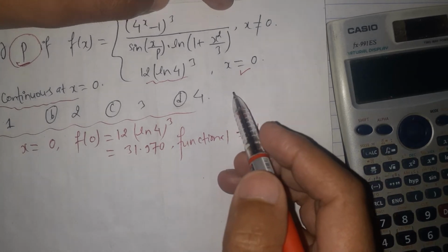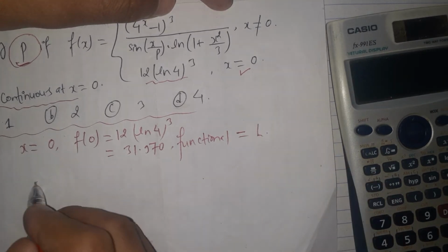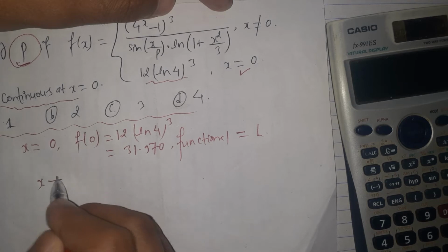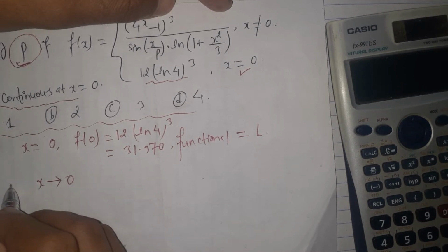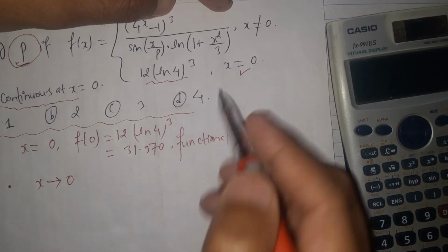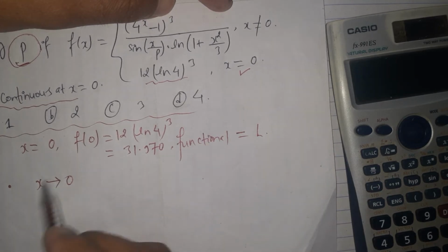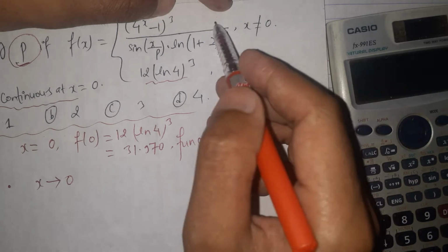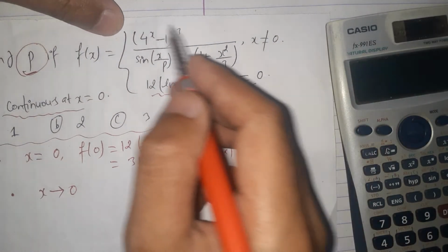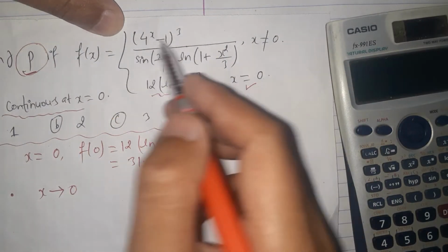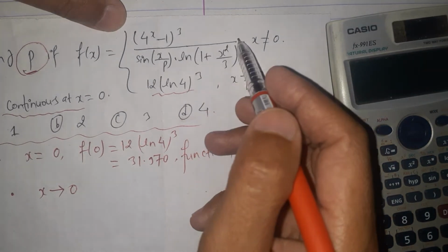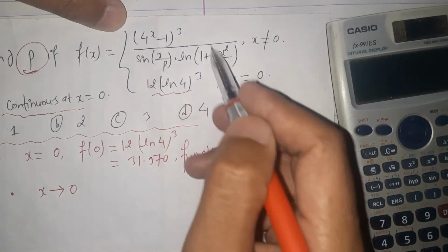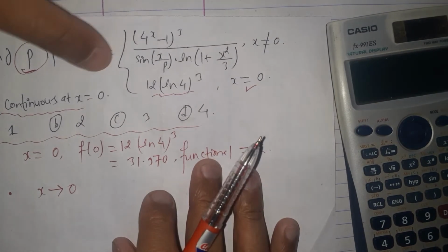Let's calculate the limiting value. Limiting value means we are approaching 0, so we have to take values of x very close to 0, and for such values the function is defined by the first piece. So for the limiting value calculation, we have to take this first piece.